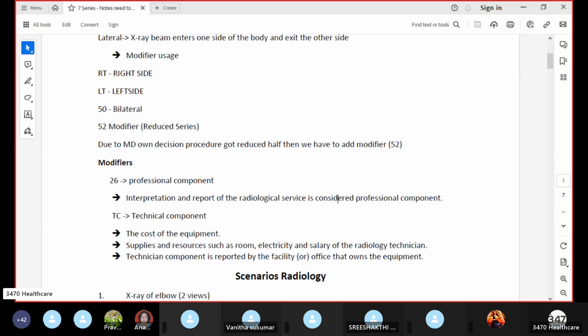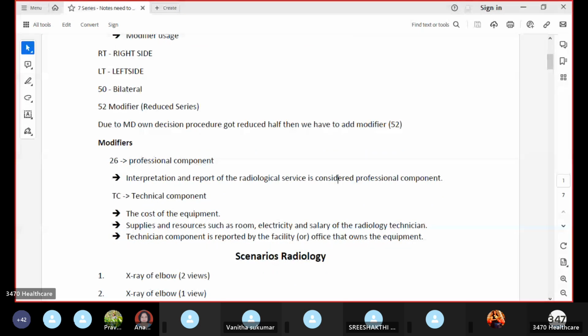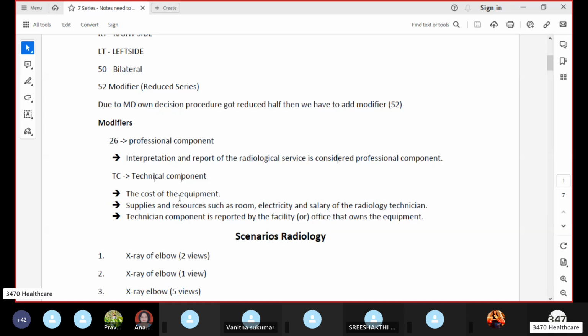Okay, everyone clear on this? Provider did both services, no modifier. Suppose one provider is working in one hospital. You are visiting there, a chest X-ray is ordered by the MD, but taken using the hospital equipment.